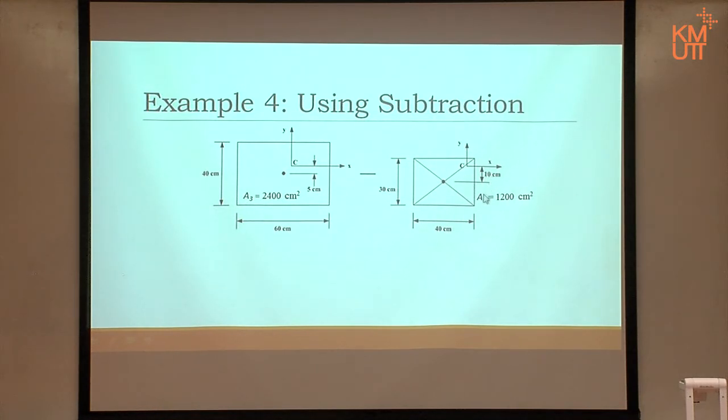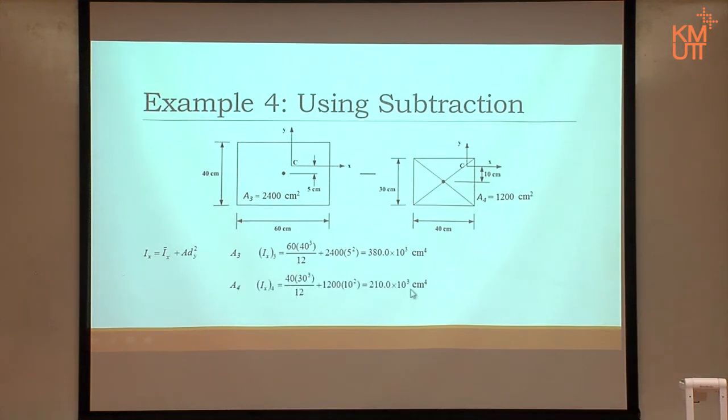Okay? You can also calculate A3. A3 is 40 times 60. A4 is 30 times 40. Right? Rectangle, normal rectangle. Again, using the parallel axis theorem, we can calculate A3 about this axis: BH cubed over 12 plus A D squared. Right?